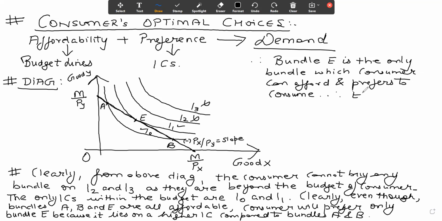Therefore, E is the point of consumer equilibrium, or the optimal choice of the consumer.